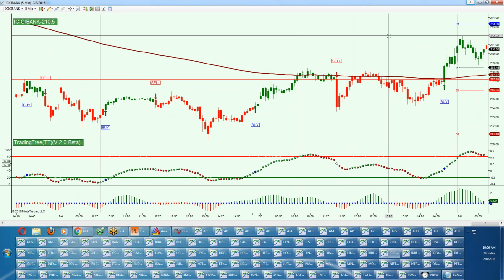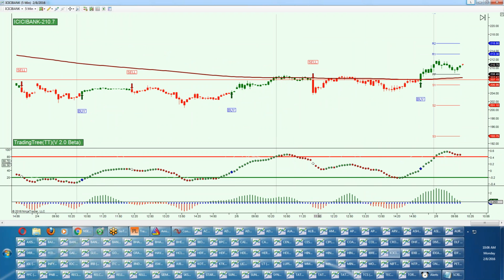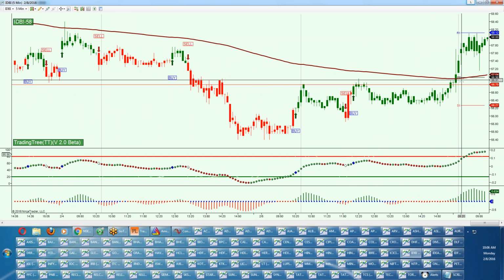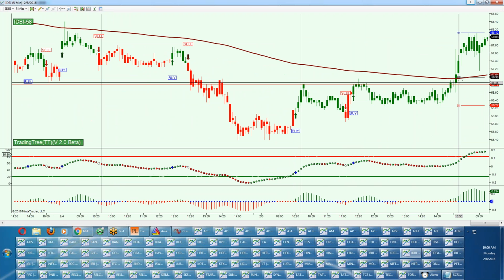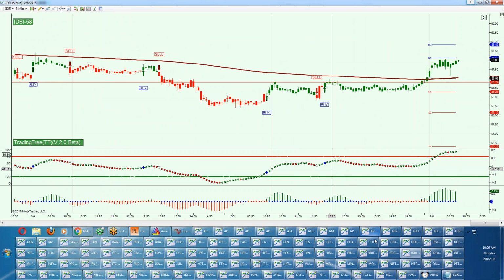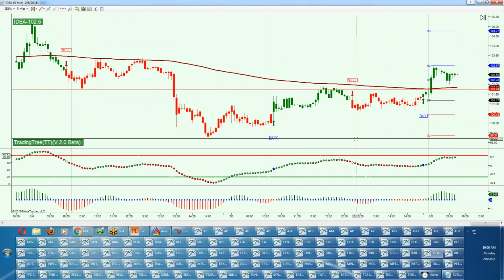ICICI, you can buy it above 21210. IDBI, you can buy it at 58.20. Idea, you can buy above 103.